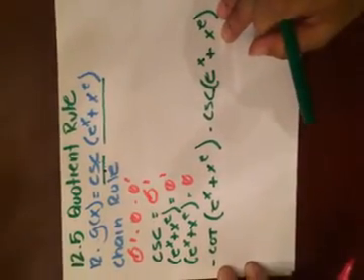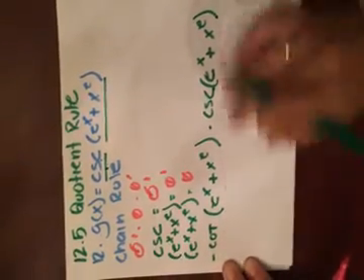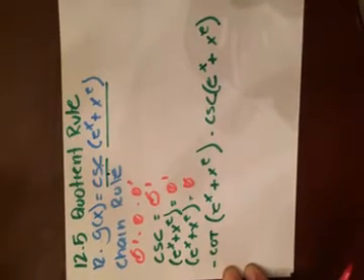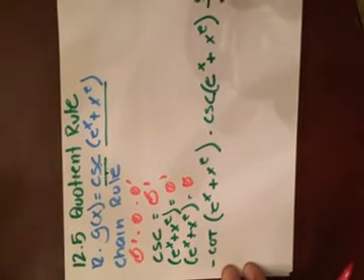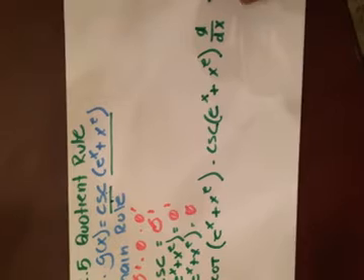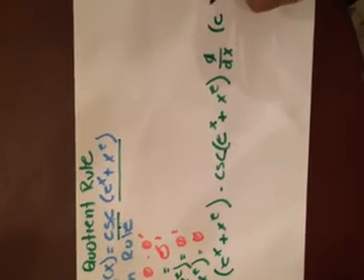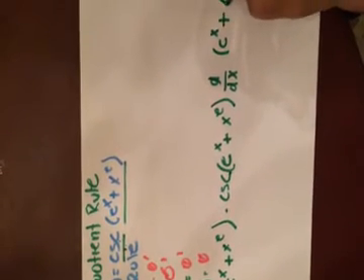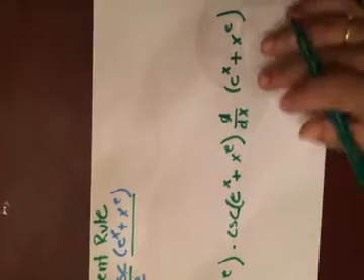When we have this distributive property, at the end we apply the derivative of the second. The derivative of the second is e to the x power plus x to the e power.